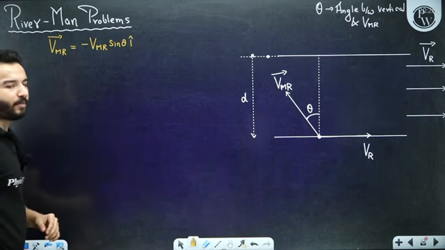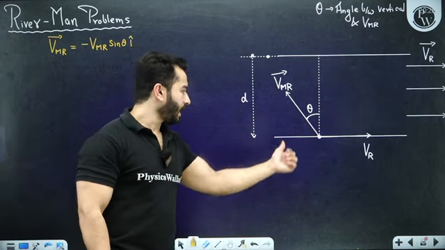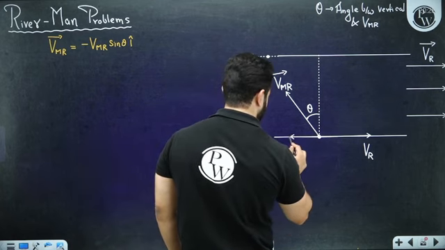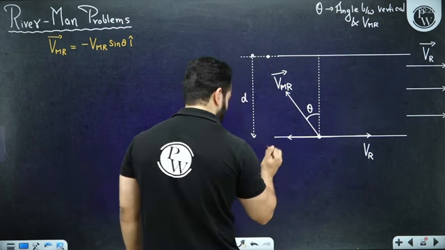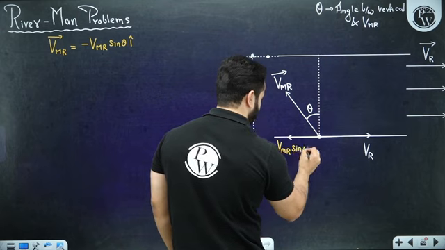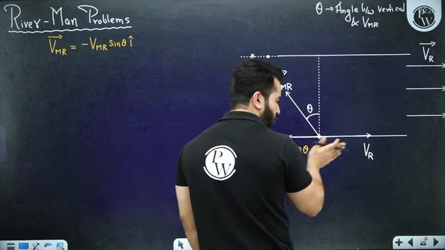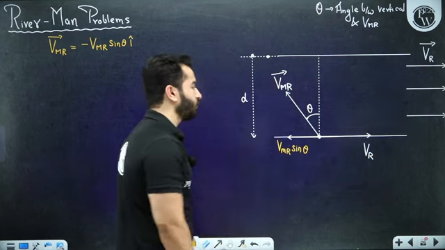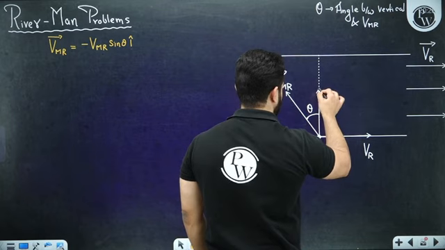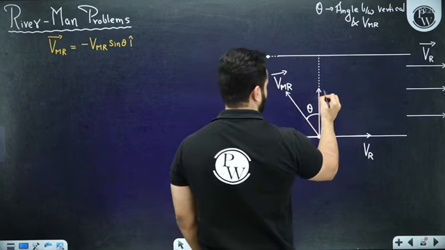Why am I writing it as minus? Because I'll have a component of this thing somewhere over here. So this is VMR sin theta, and of course I'm assuming this to be positive and this to be negative, right? And this is going to be VMR cos theta.